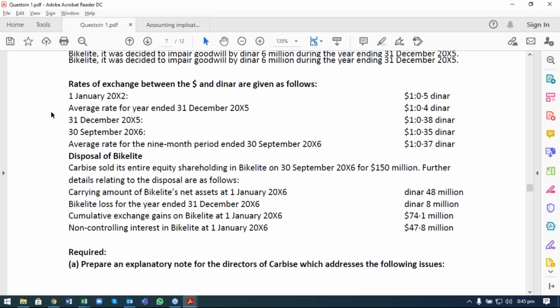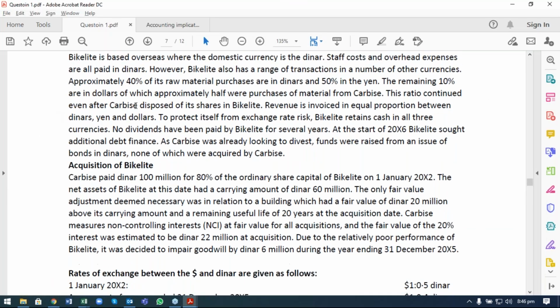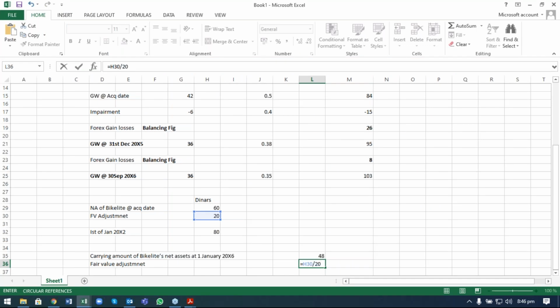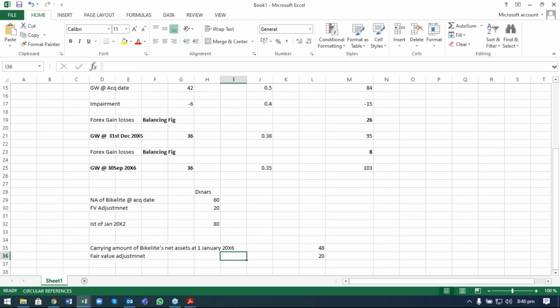What we have adjusted is the fair value over here: the 20 million dinars, the fair valuation carrying amount, and a useful life of 20 years. Right now I'm just making the fair value adjustment. You have to deduct any additional depreciation.